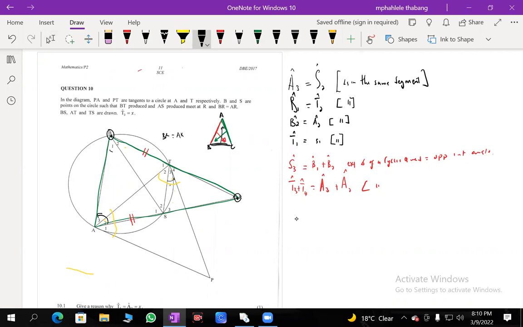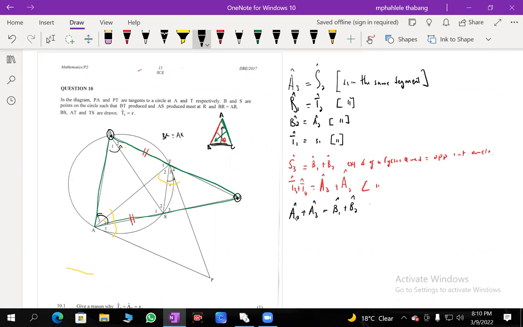So angle A, which is angle A2 plus angle A3, is equal to angle B1 plus angle B2.